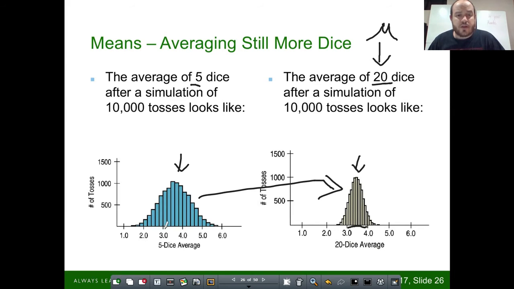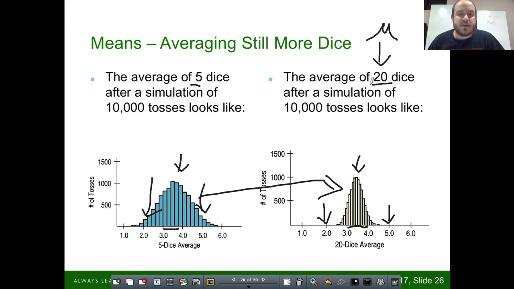Whereas before, look, here's between 3 and 4. A lot of them were between 3 and 4, but we also had some guys out here by the 5. We still had some out here by 2. But you can see now by the 5 and the 2, it is completely empty. It's just not going to happen. When we've increased our sample size to 20, those options are pretty much gone.